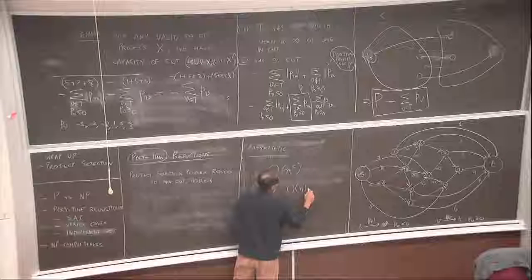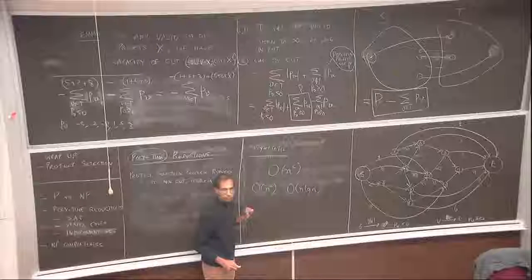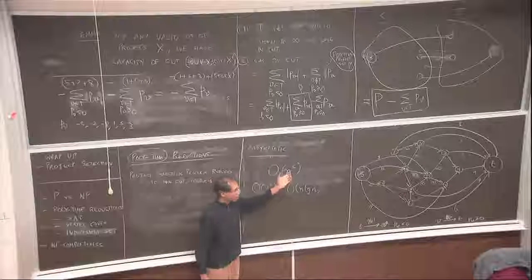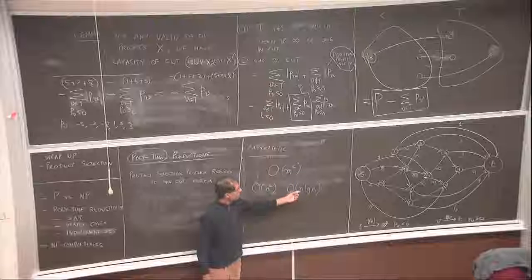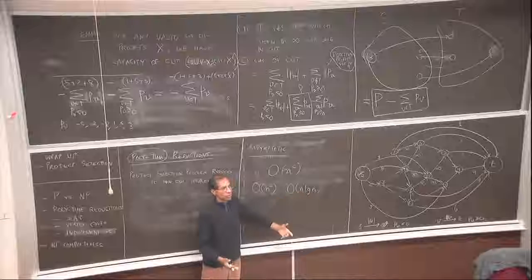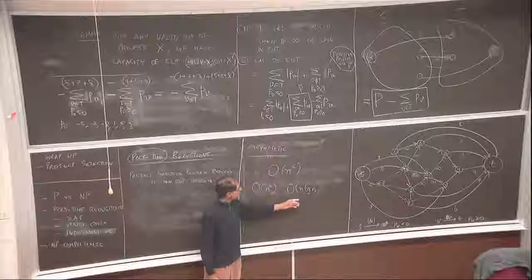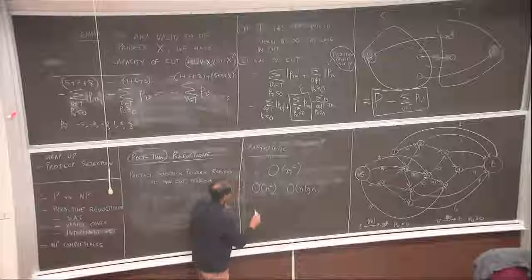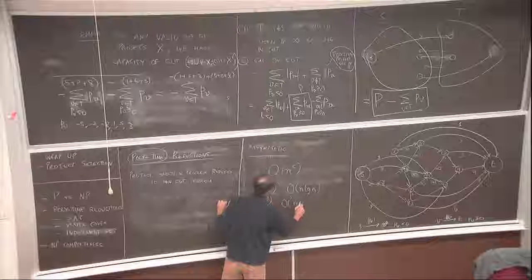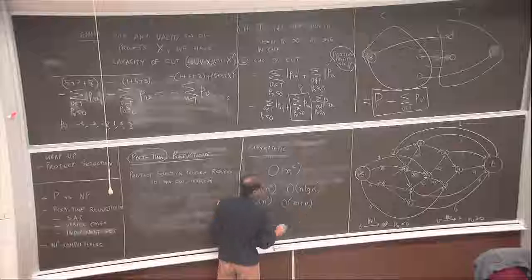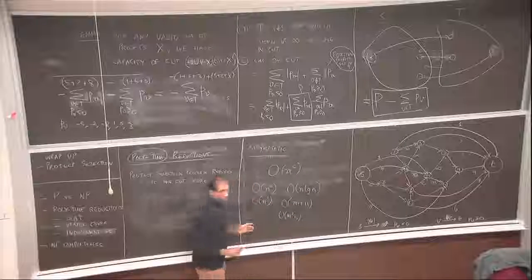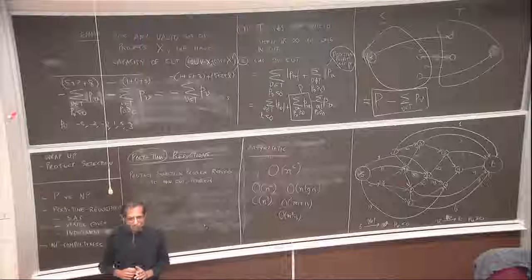Order n log n is also polynomial time, even though you cannot write it as n to any number, but it's certainly bounded by n squared. It's also bounded by n to the power of 1.5, right? So it's all polynomial time. N cube is polynomial time. If the input has m and n, order n squared m is polynomial time. So all of these are polynomial times.